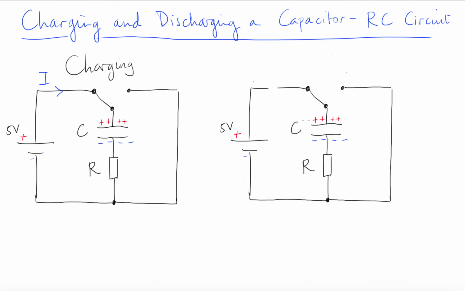We're now going to flick the switch, move the switch from this side to this side. Now we have no battery connected. We just have the store of charge, which is going to want to release or discharge its charge, and the current's going to flow from positive to negative, so it's going to flow in the opposite direction. So we should see that the current is going to change sign.